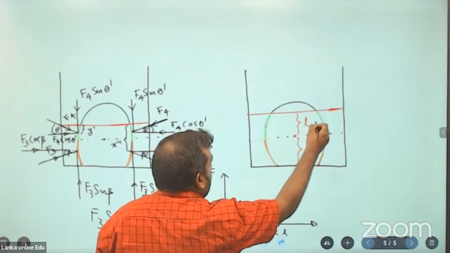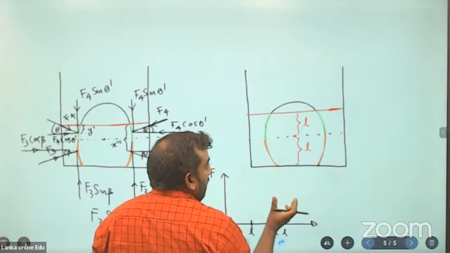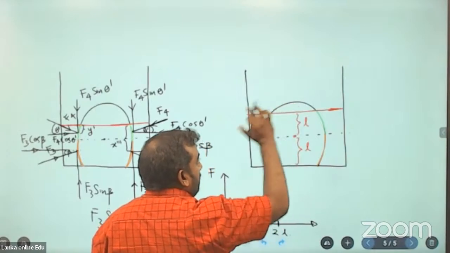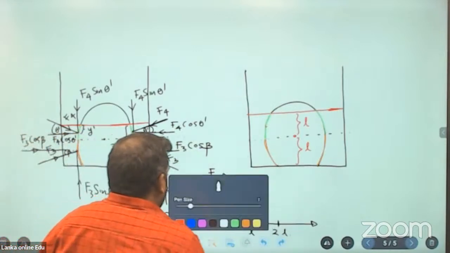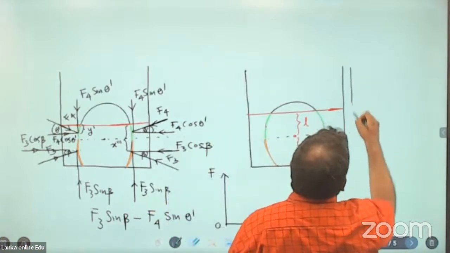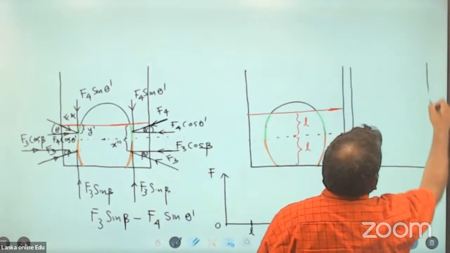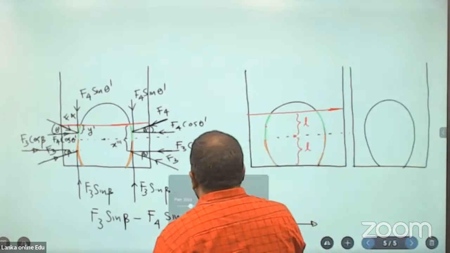Here to here, it's smaller, so smaller force downward. Larger force upward, smaller force down. Then it's going to completely submerge.